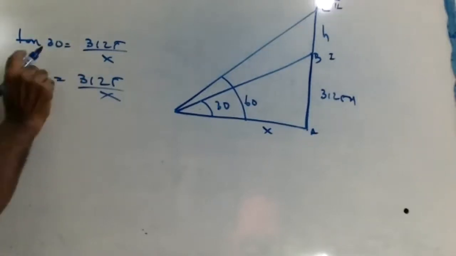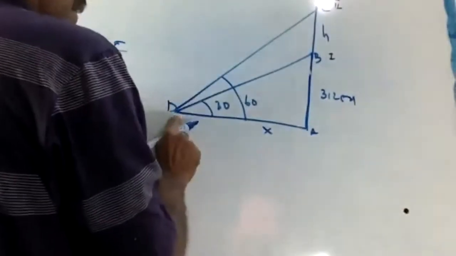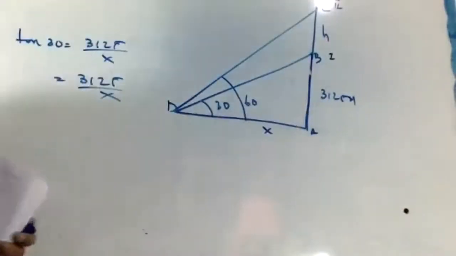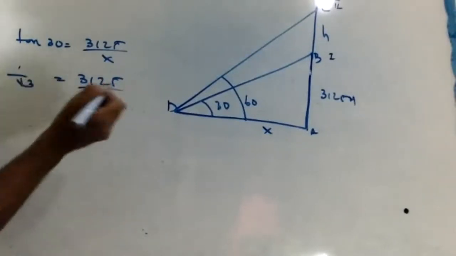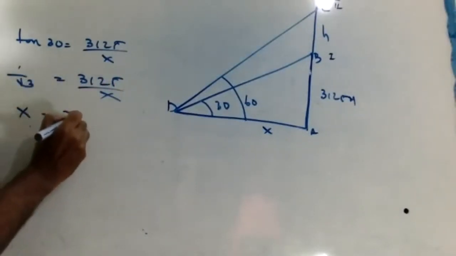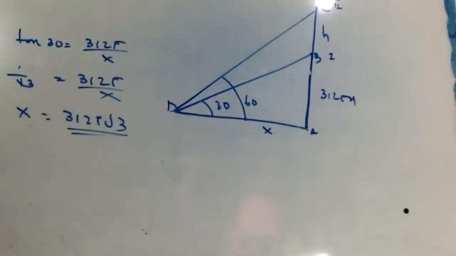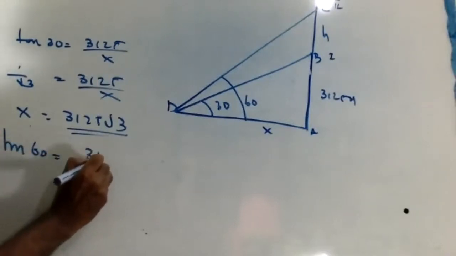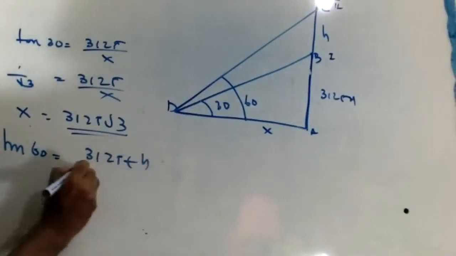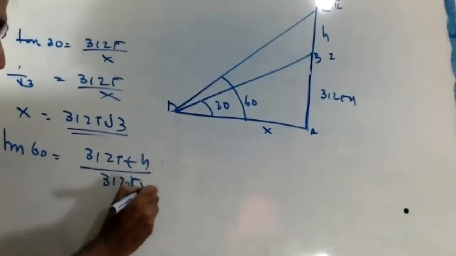30. Look at here. In triangle DAB, tan 30 equal to 3125 by x. So 1 by root 3 equal to this much. So x equal to 3125 root 3. X we got it. Then tan 60 equal to 3125 plus h divided by 3125 root 3.